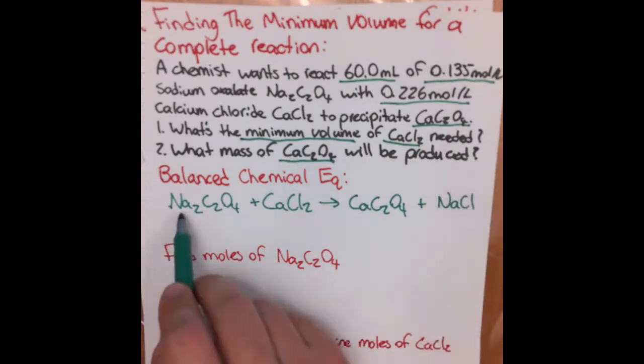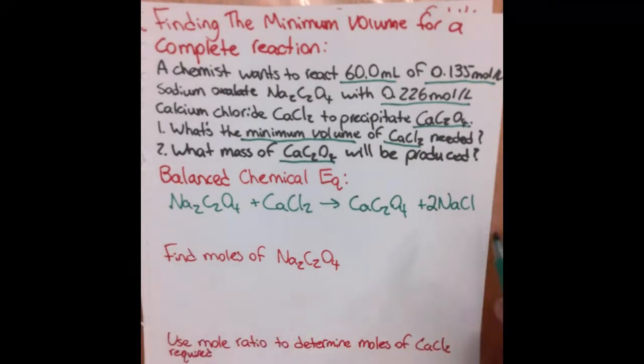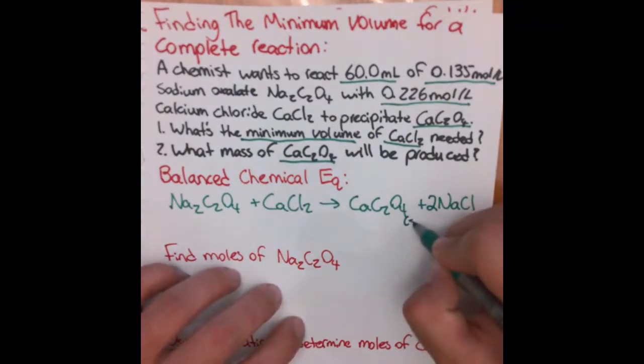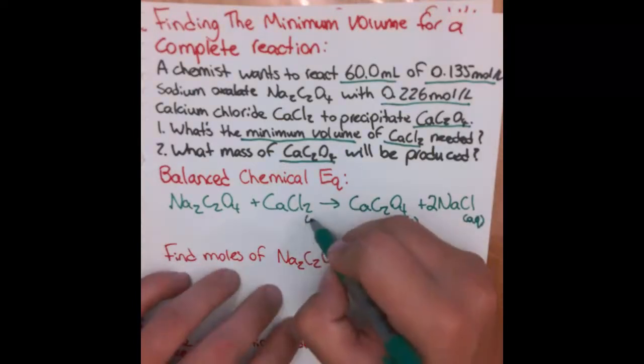Now if we look here, we have 2 Nas, so I just have to put a coefficient of 2 here, right? And that is a fully balanced equation, right? So just be careful. This is a solid. The rest of these are aqueous solutions.